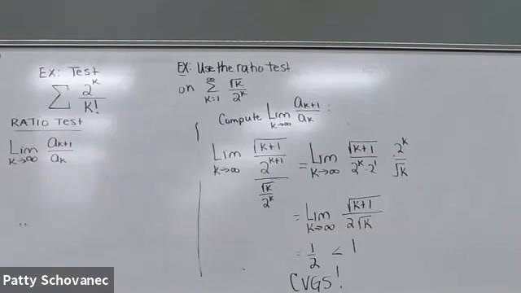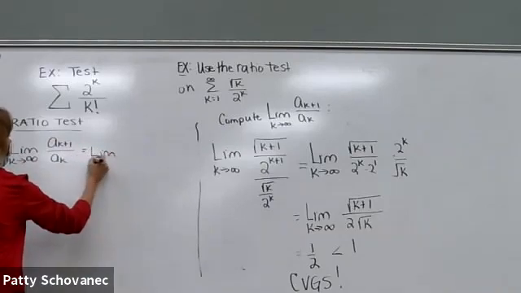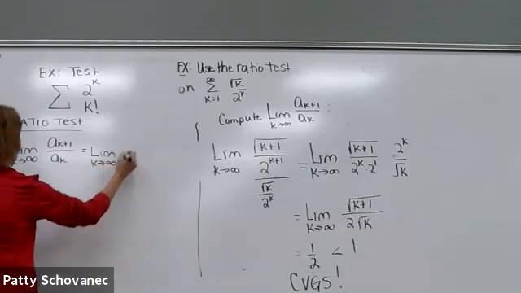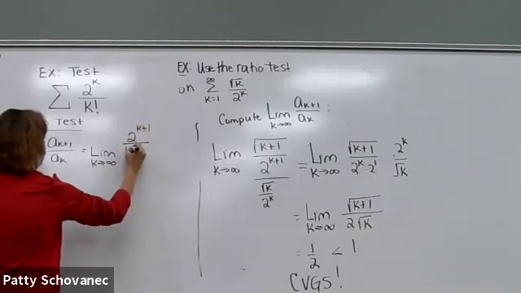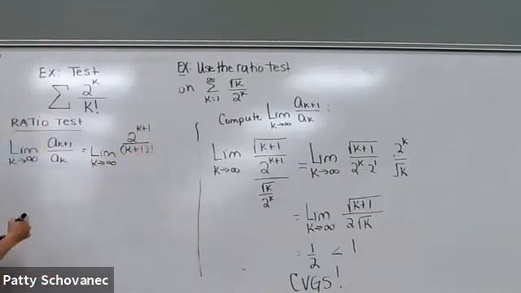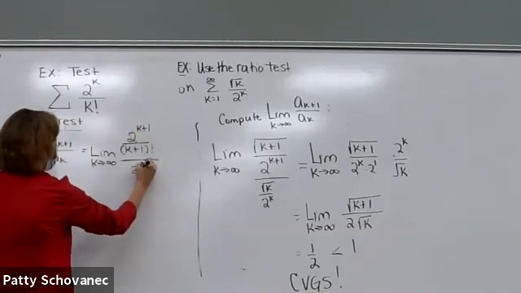So in our example, our a_(k+1) numerator will look like 2 to the k plus 1 divided by k plus 1 all factorial. And on the bottom, we have the series as we see it, 2 to the k over k factorial.